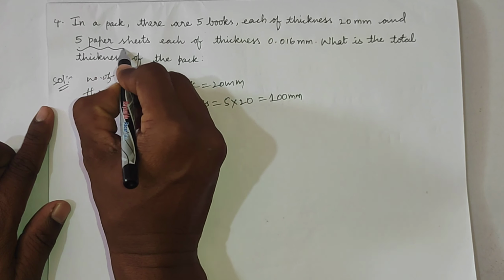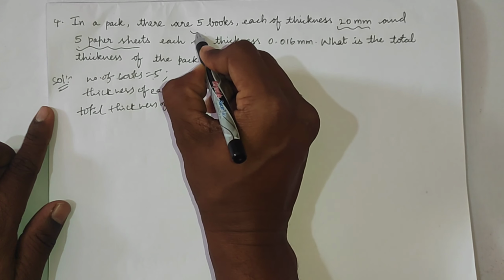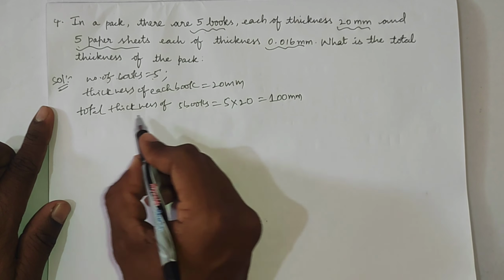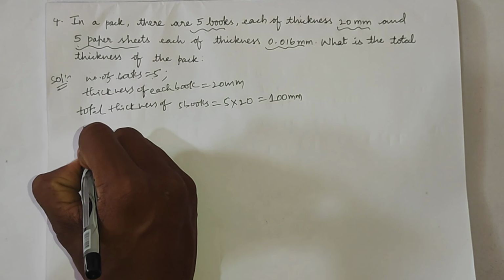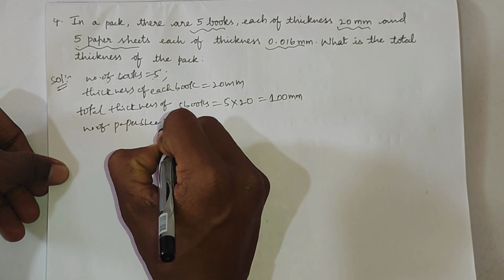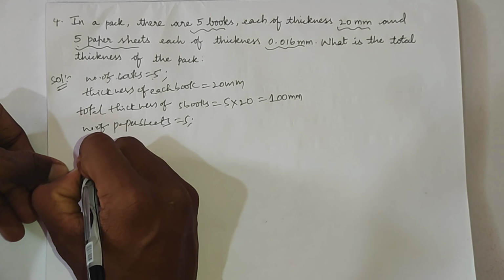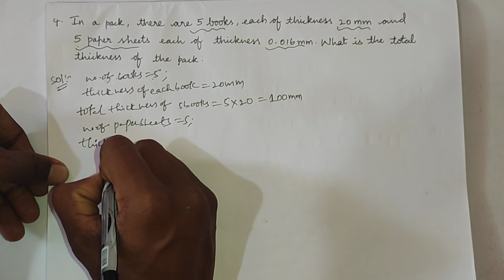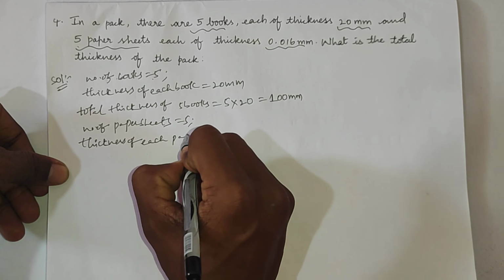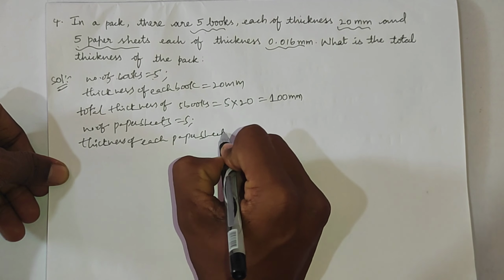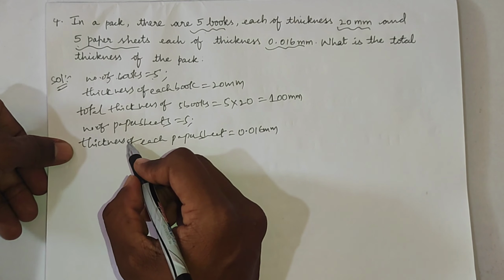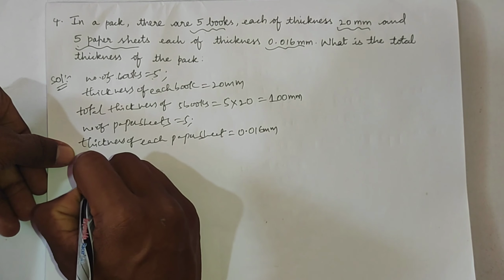The number of paper sheets is 5, and the thickness of each paper sheet is given as 0.016 millimeters.